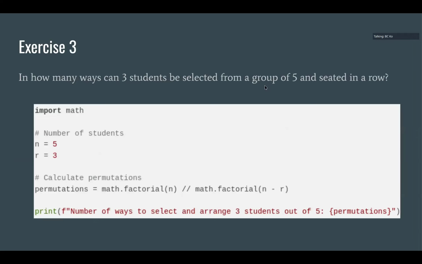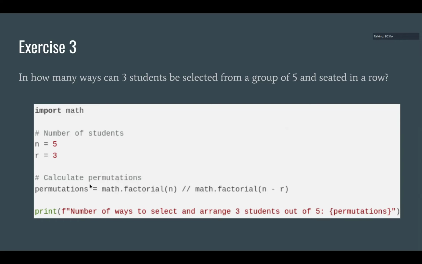For our final exercise, here is a question. In how many ways can 3 students be selected from a group of 5 and seated in a row? You can use the permutation formula to calculate the number of possible arrangements. So this will help reinforce your understanding of permutation of subset.